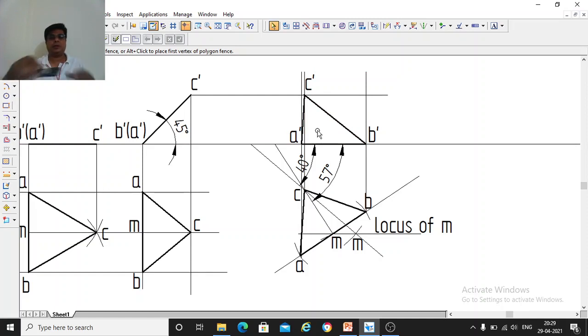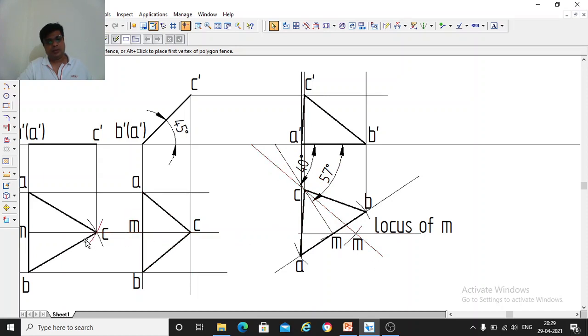So whenever the true length is reduced and the angle is given as 40 degrees with VP, you should follow the locus method. Let me tell you once again. When the median length is reduced and you are asked to draw the median at 40 degrees to the vertical plane, draw a line at 40 degrees to the vertical plane in the HP.